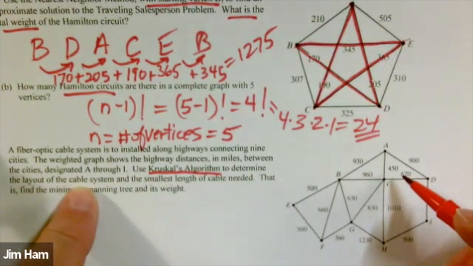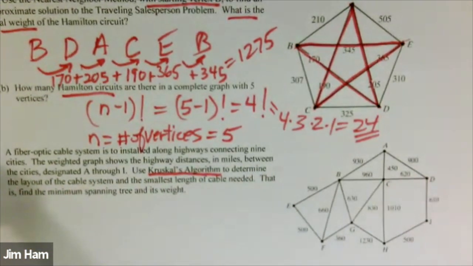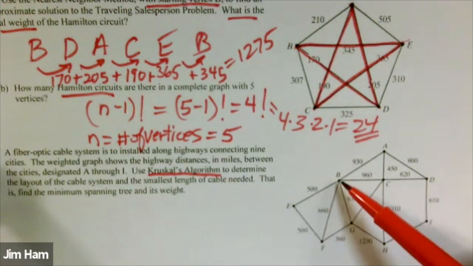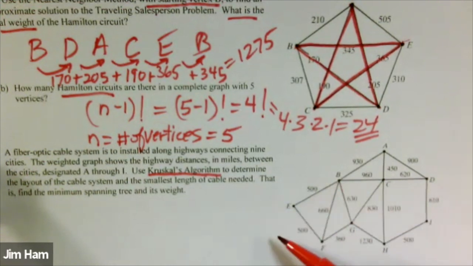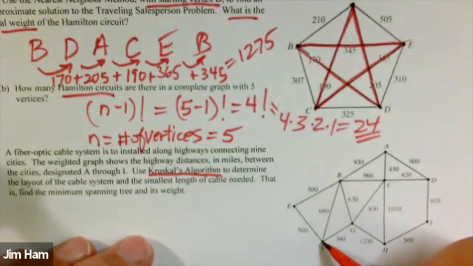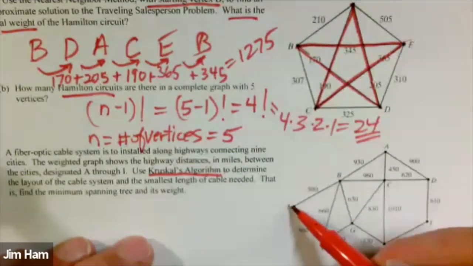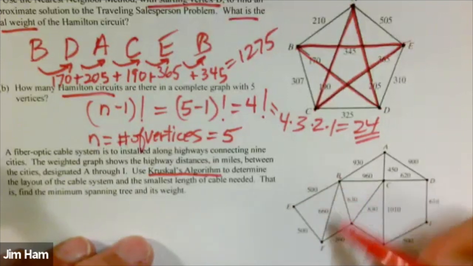You're going to lay out a cable system. So you want to choose the minimum tree because you need to connect all these cities, but there's no need to have any circuits. There's no need to have a cable going from city E to city B and then another one coming from B back to E. Or if you're going from F to B and you go through E, there's no need to put a cable in here.